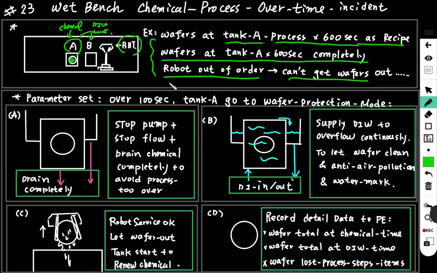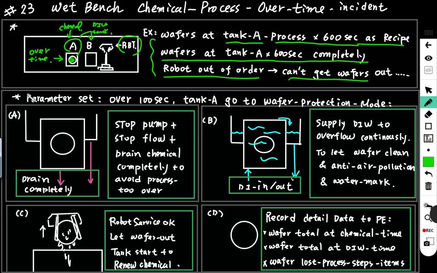It caused the wafer to stay in the chemical tank over the setting time, over the recipe time. This is an example case. There are hundreds of reasons to cause the recipe overtime. So we've got to take care of this.